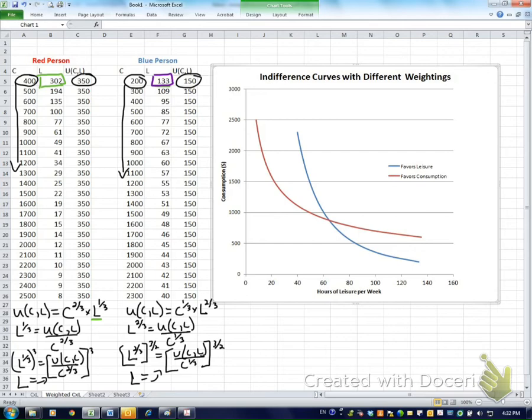So if we look along similar amounts of leisure, for example, the blue person at 60 hours of leisure has a slope of their indifference curve that's relatively flat. The red person at 60 hours of leisure, the slope of their indifference curve is relatively steep.